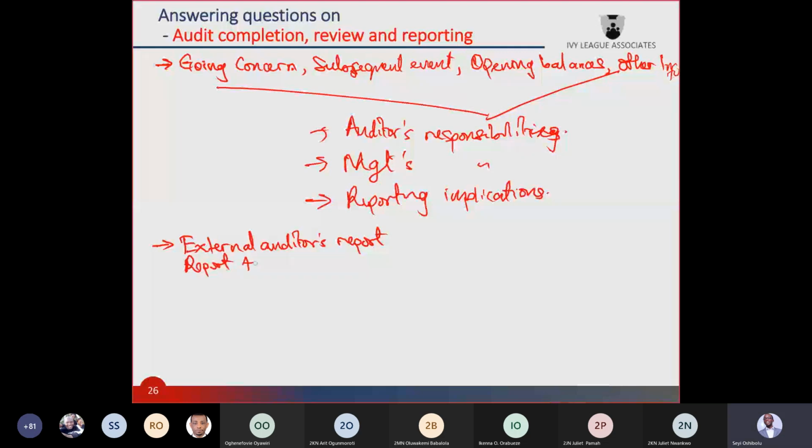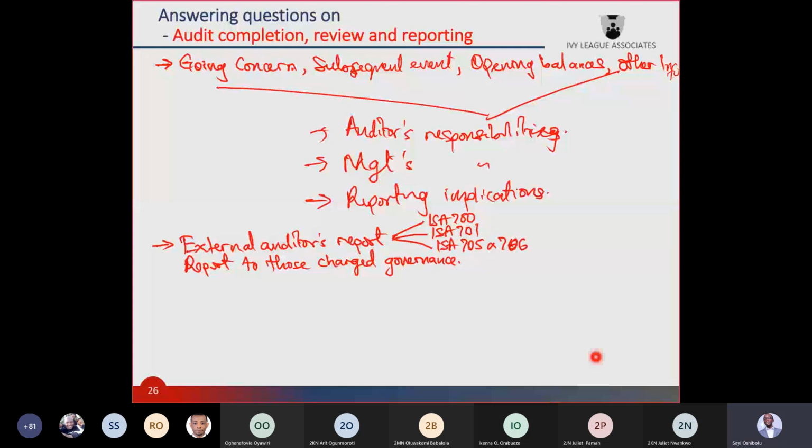Those 2 topics, you have no business in the exam hall if you are not on top of them. Carry your text, carry your lectures, whichever material you're using, and ensure you are on top of those two topics. External auditors report, meaning you will cover ISA 700, ISA 701, ISA 705, and ISA 706.